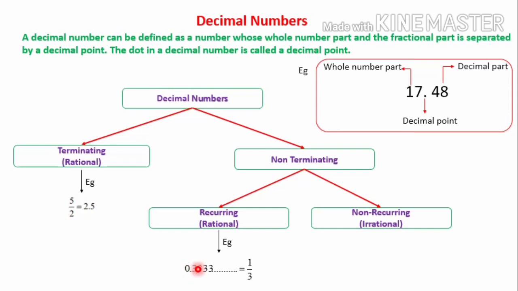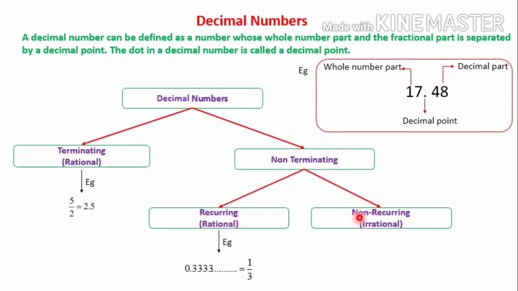Here the digit 3 is repeating. Non-terminating recurring decimals are rational numbers. Before, we said terminating decimal numbers are rational numbers, and now non-terminating recurring numbers are also rational numbers.